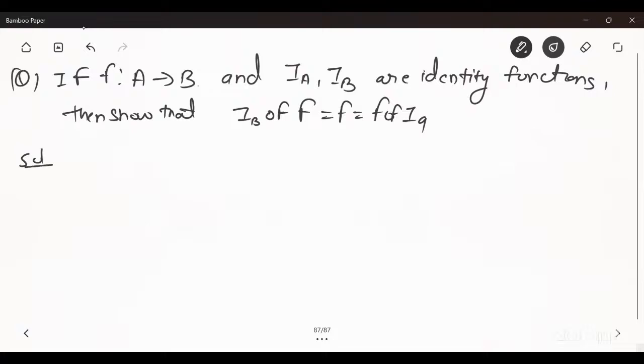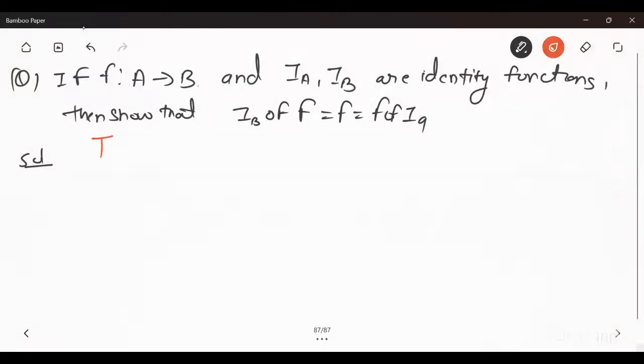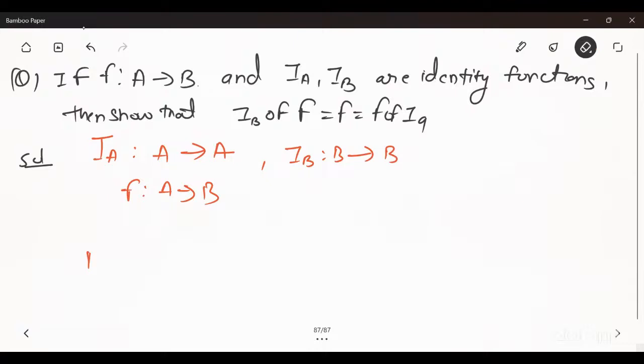Now come to the solution part. IA means identity function. What do you mean by the identity function? Means which has the same domain and same range. So IA is from A to A and IB is from B to B and F is from A to B. Now first is F of IA.